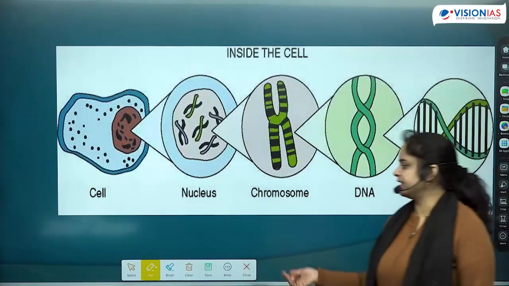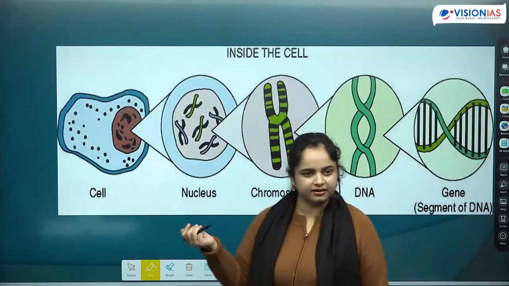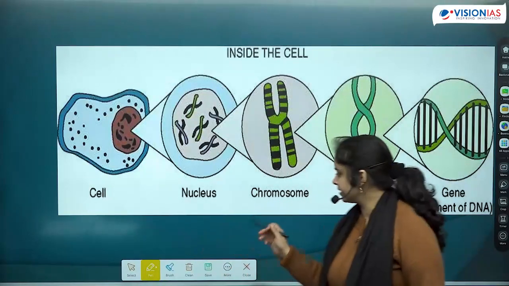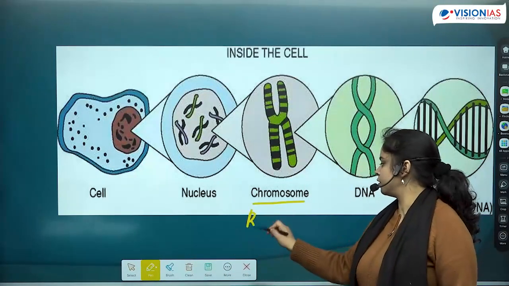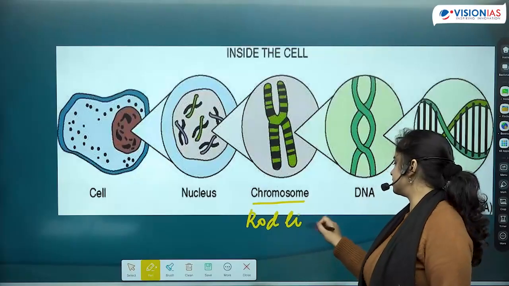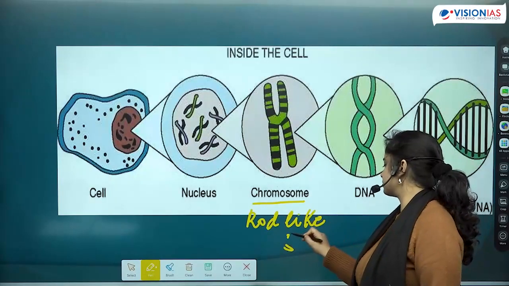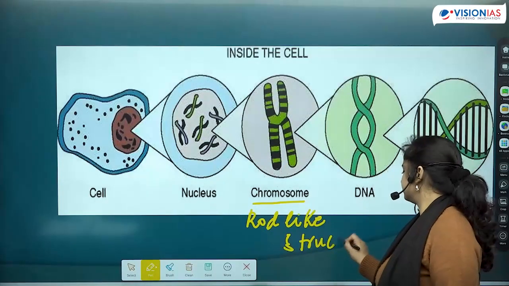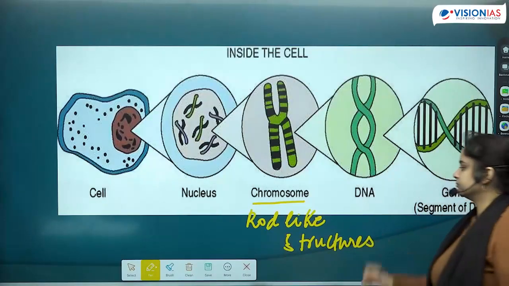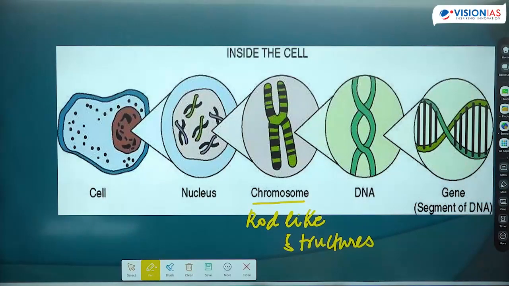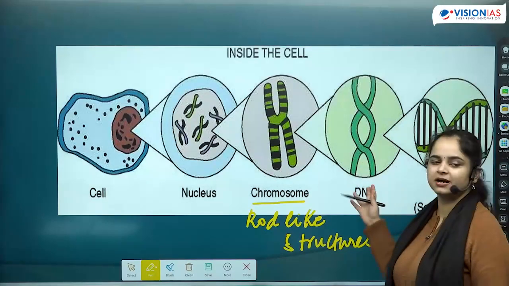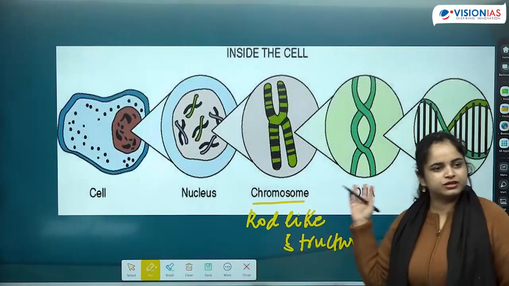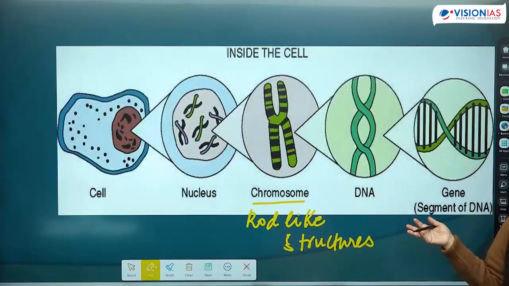Further, we said that this genetic material is linear. It is in the form of rod-like structures called chromosomes. Chromosomes are rod-like structures made up of DNA. So DNA is the main genetic material of the cell.